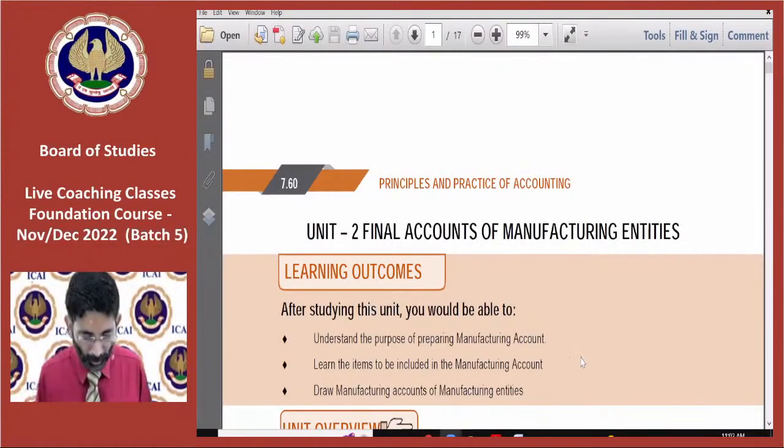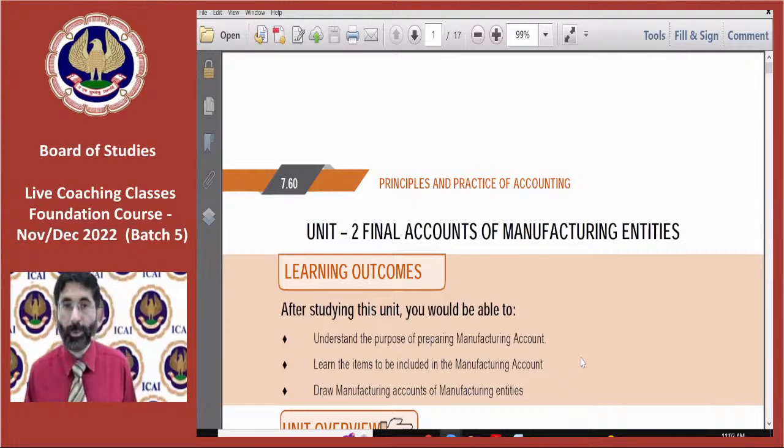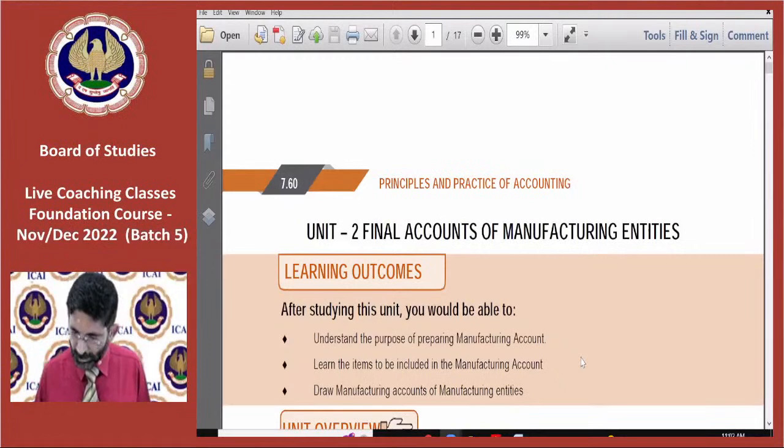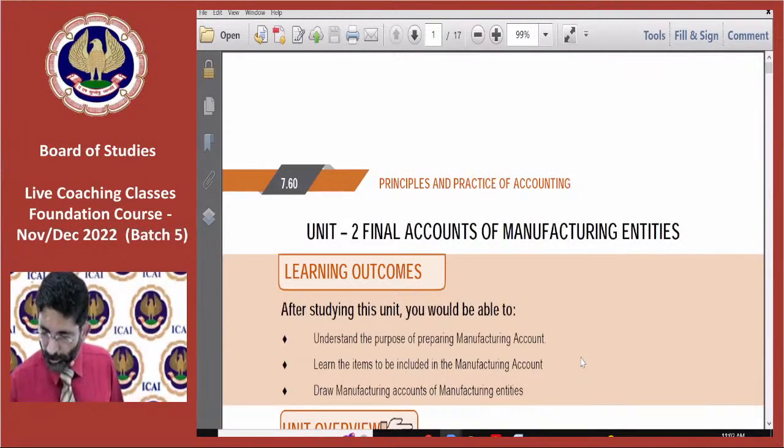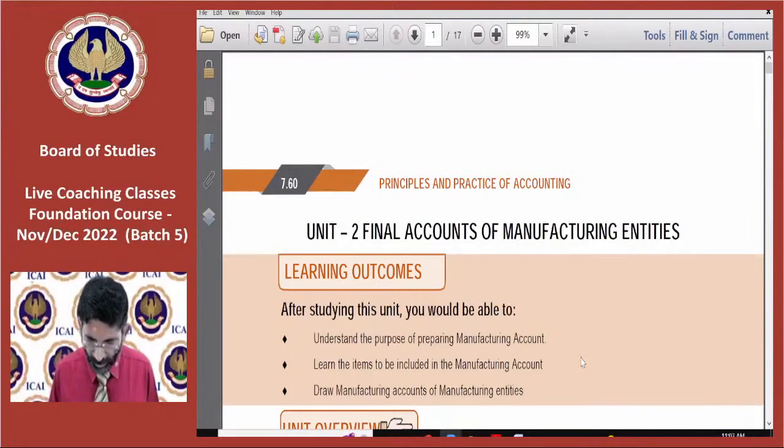Okay, let's start with question number 2 of manufacturing units. Is this illustration or question number 2? Pooja, you mentioned a practical question or illustration. This is not clear, so first of all I am going to check the illustration.